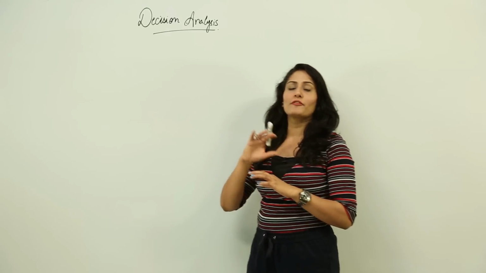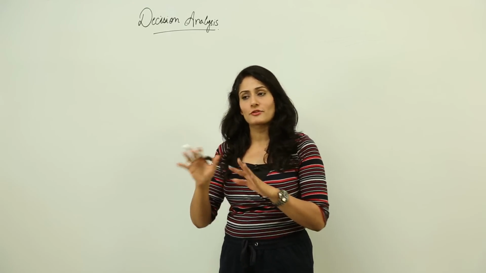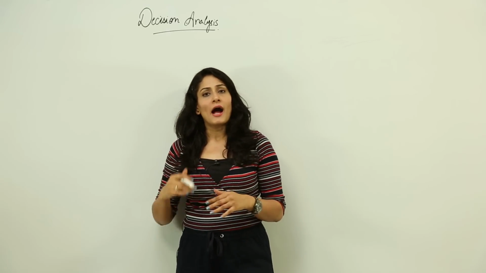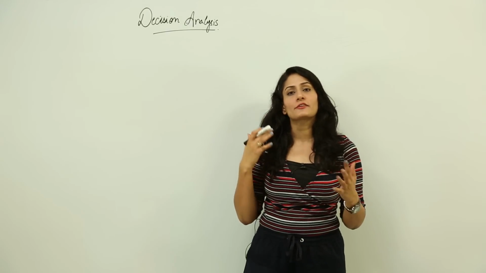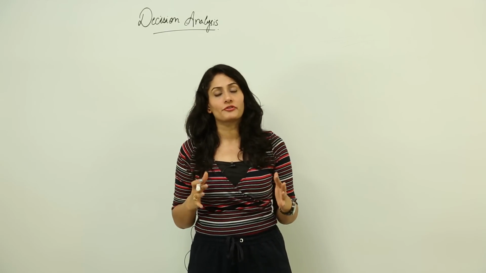So now that you have a brief idea of what decision analysis is with the example I just gave you, I would like to move forward and discuss the various components of decision analysis.